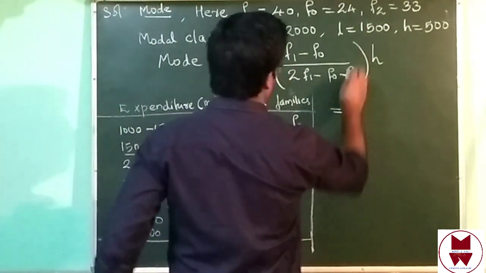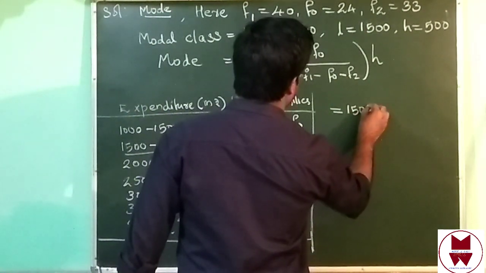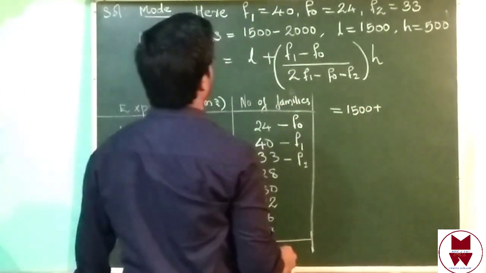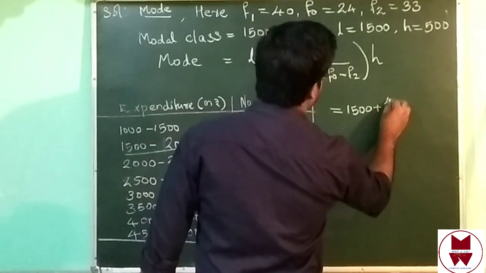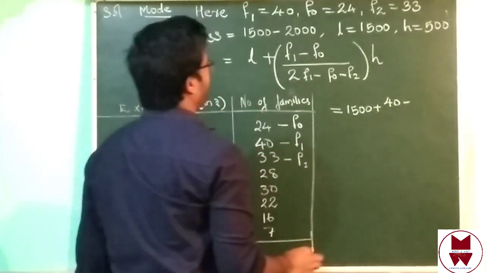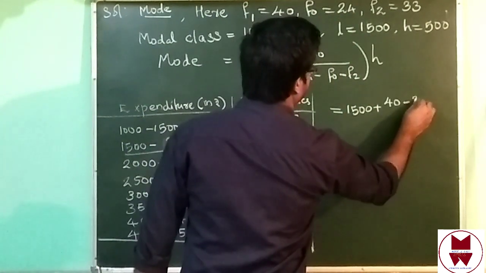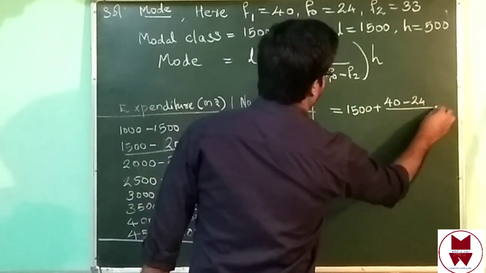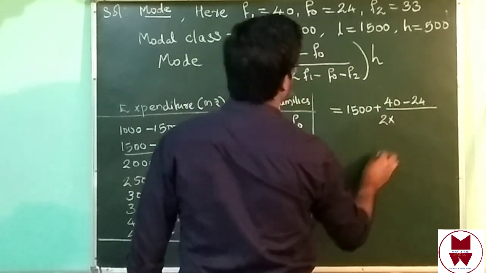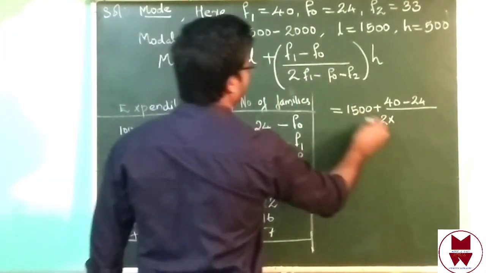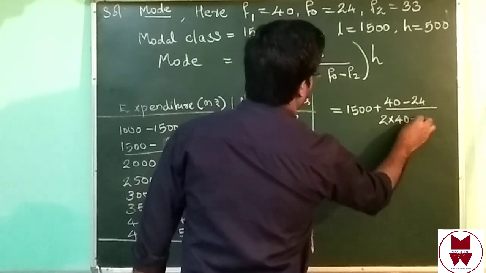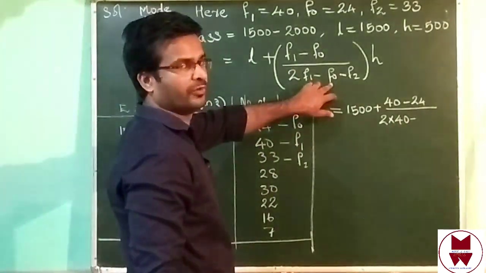L we got, that is 1500, plus F1 is 40, minus F0 is 24, divided by 2 into F1 which is 40, minus F0, what is F0?